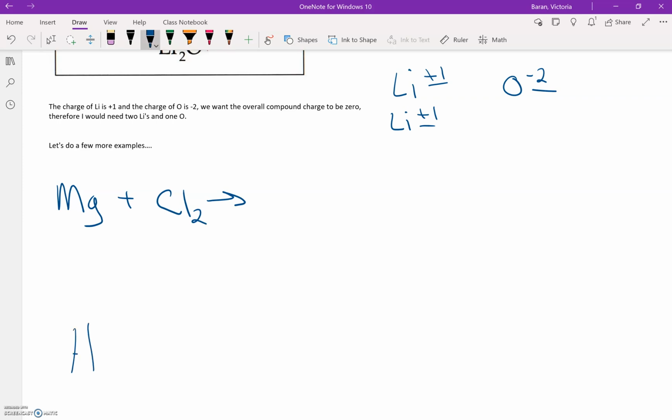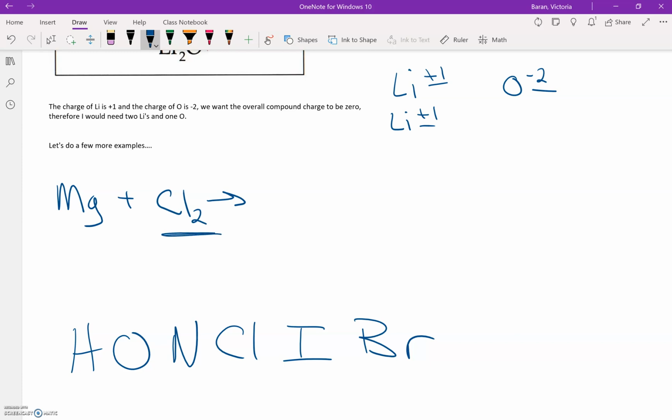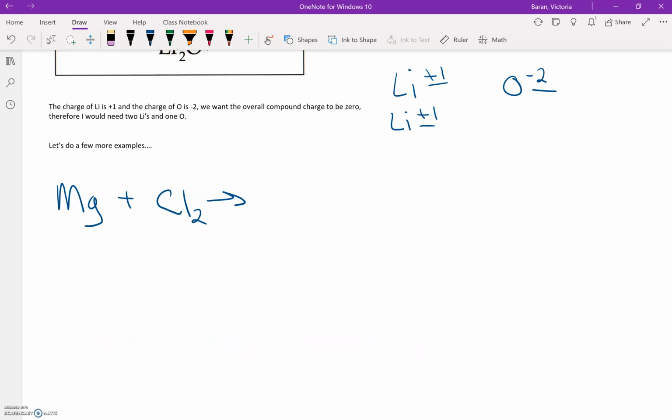And that includes, I remember HONClBrIF, so hydrogen, oxygen, nitrogen, chlorine, iodine, and bromine. All of these elements, when they are by themselves, are written like this. Just a side note there.